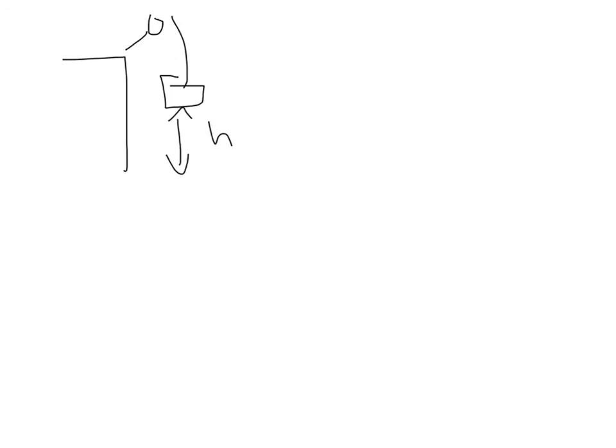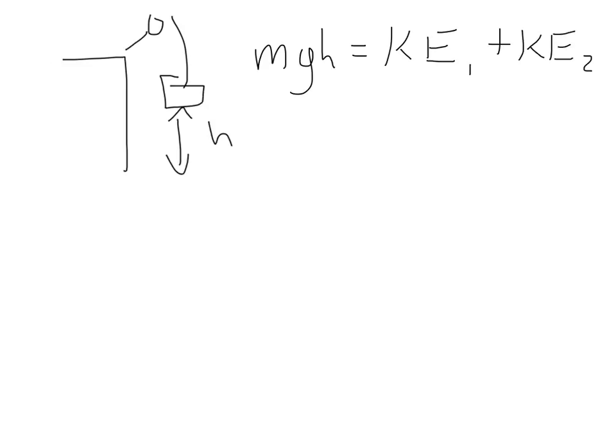In the next chapter, we'll analyze this type of problem using energy conservation. And what we'll be able to do, just to give you a little bit of a preview, is to start out with the potential energy of the hanging mass as just mgh. And then that's going to go into the kinetic energy of the box, plus the kinetic energy of the pulley.